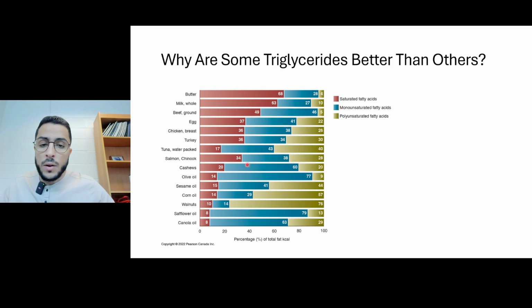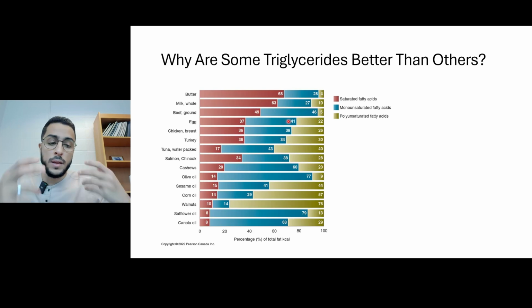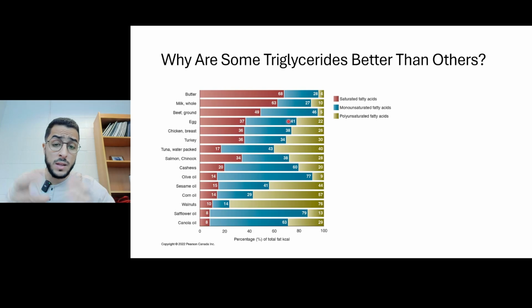Part of it is related to your cells: they need to be dynamic, and part of being dynamic is being kind of fluid. The more rigid and solid they are, the less healthy it is for the cell. And so your membranes need to be fluid, and to be fluid they need a certain amount of polyunsaturated fatty acids compared to the saturated fatty acids, because these make rigid membranes and these don't.